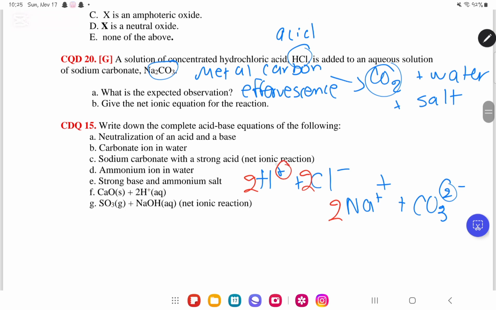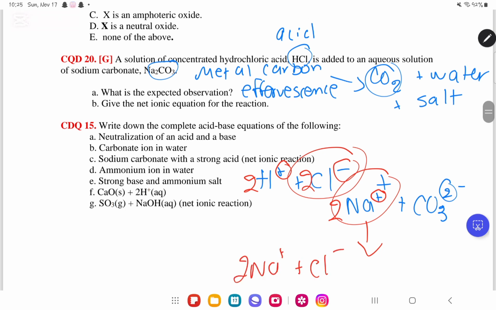So now you have 2 positive ions, 2 negative ions, 2 positive ions as well. Now it's going to be balanced with the CO3 2-. It is going to give us a salt, but it's a soluble salt because it's going to be Na+ and Cl-. So 2Na+ Cl- will stay as it is because they are soluble. In addition to H2O, we said water and carbon dioxide.